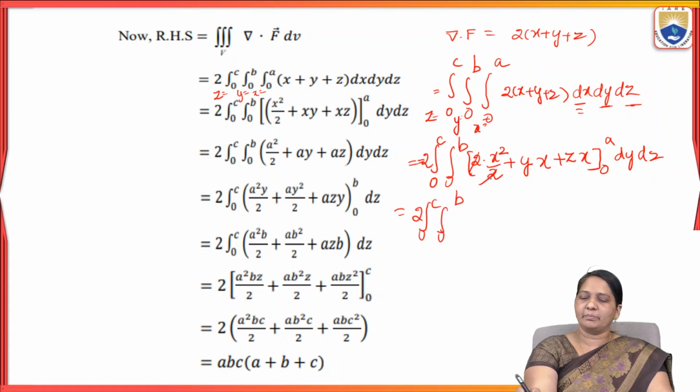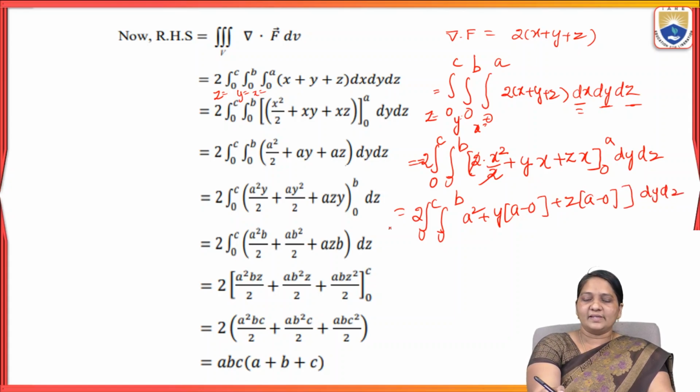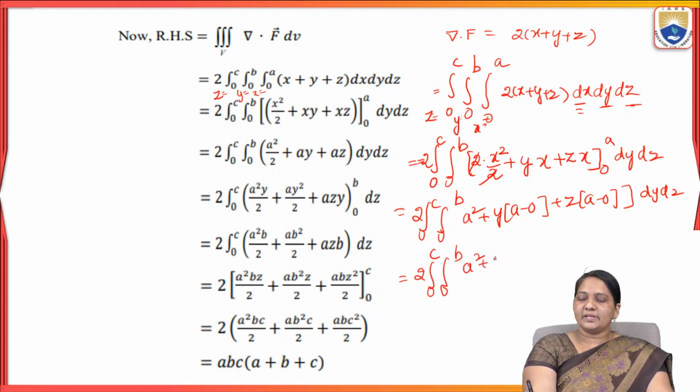Now we are replacing the limits, upper limit minus lower limit. So a square minus 0 is a square, plus y into a minus 0 is a y, plus z into a minus 0 is a z. So finally, 2 integral 0 to c, integral 0 to b, of a square plus ay plus az.